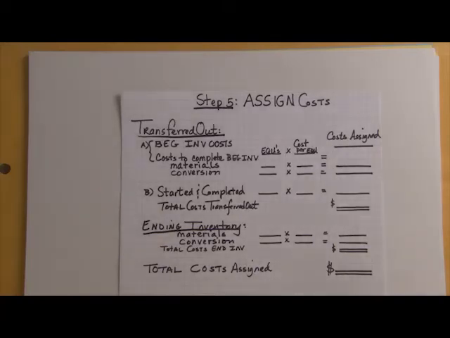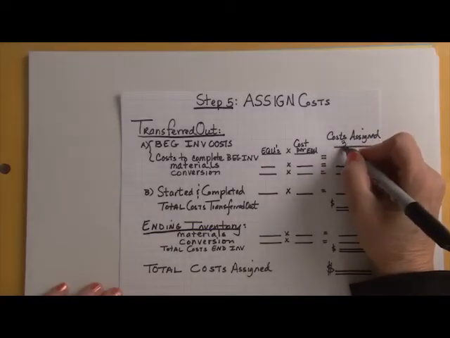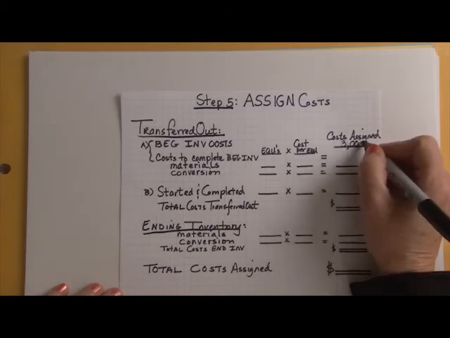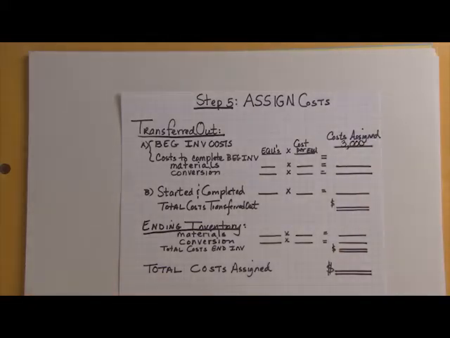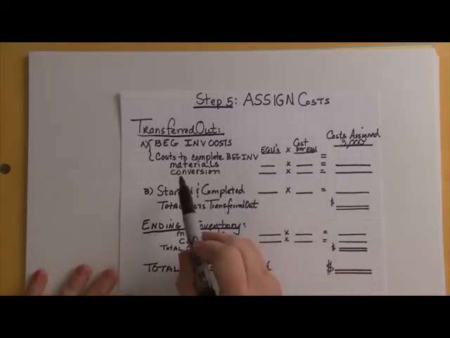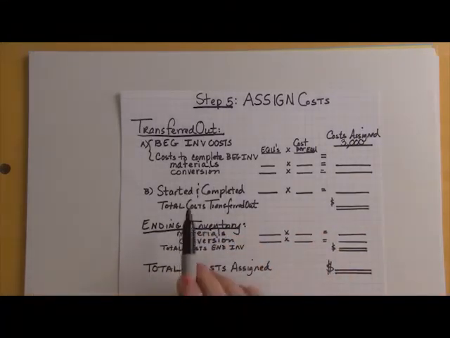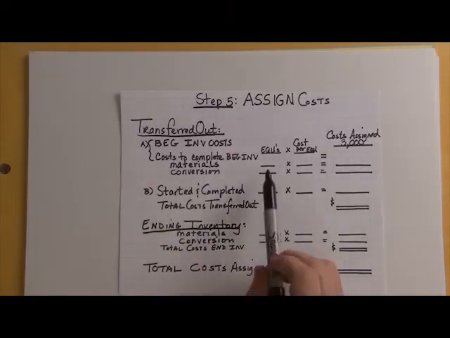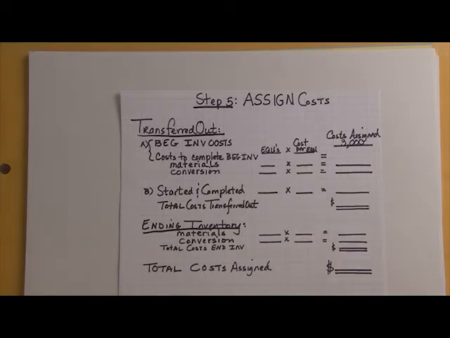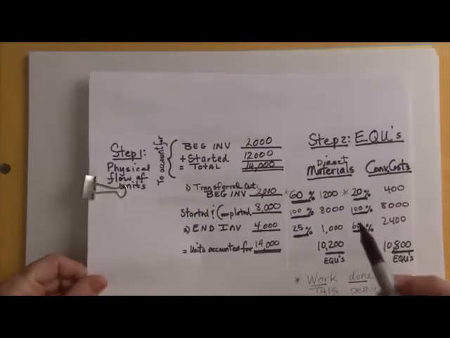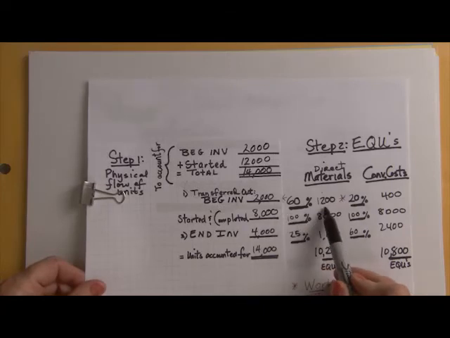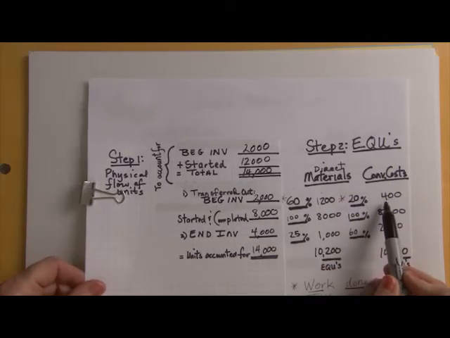And we must go ahead and assign those costs, the $2,000 plus $1,000, to the units transferred out. Secondly, we're going to return to step 2 and find our EQUs that are related to the beginning inventory. This would be the 60%, the 1,200, and the 400.